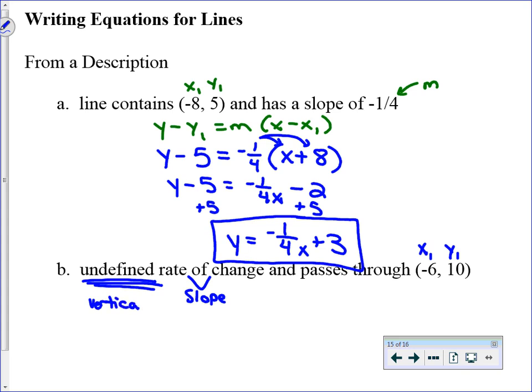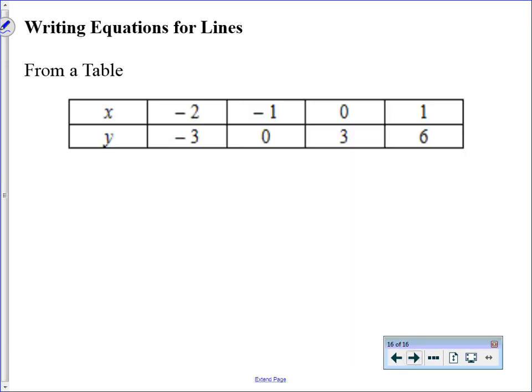So if we check the top of our note sheet for a vertical line, it gives us the equation x equals an x1. Well, we know we actually have an x1 value. That x1 value is -6, and we can simply write that down, no work needed, and we are done with our equation from a description.